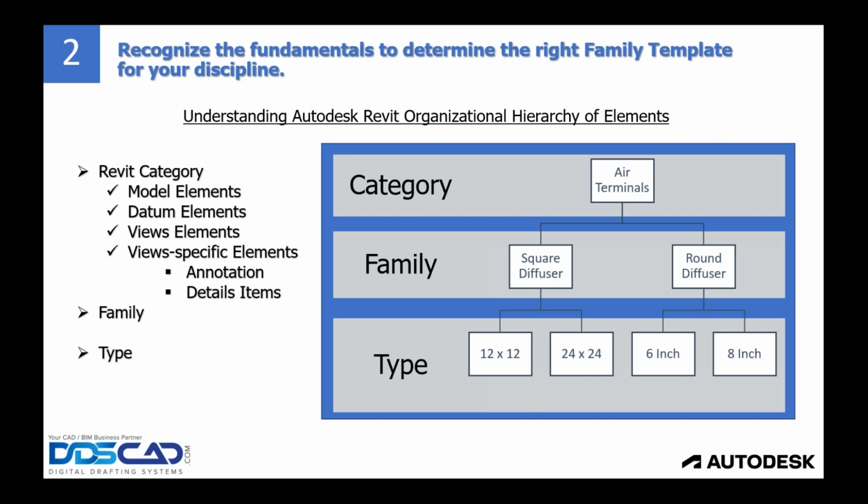Remember, system families are basic elements that we create, like a wall, and other elements that can be hosted by the wall, for example doors, windows, and other elements. Those are model elements because, like I say, you can touch them, you can create them, you can purchase them. Datum elements mean structural grids and levels in the space. Views are just the views that we use in Revit, 3D views, etc.